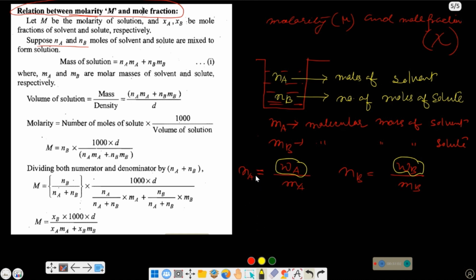So WA plus WB, the weight of the solute plus solvent, is equal to the weight of the solution. Weight of solution is equal to NA into MA plus NB into MB.